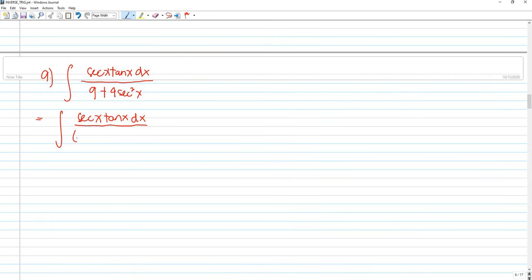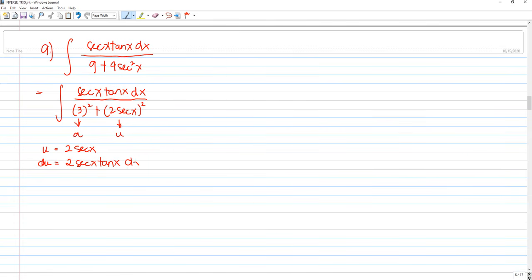We can rewrite the denominator as 3 squared plus 2 secant x squared. So this would be our value of a and this would be our value of u. So our u would be 2 secant of x. Then the derivative of that, 2 secant of x, would be 2 secant of x tangent x dx.